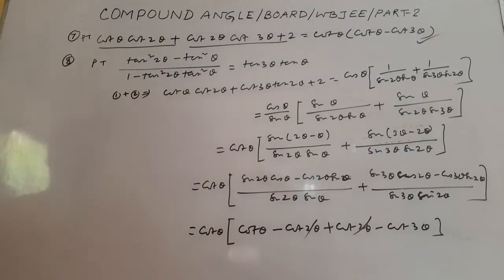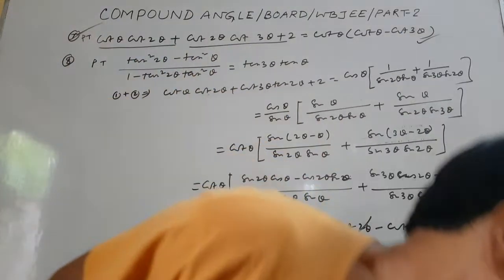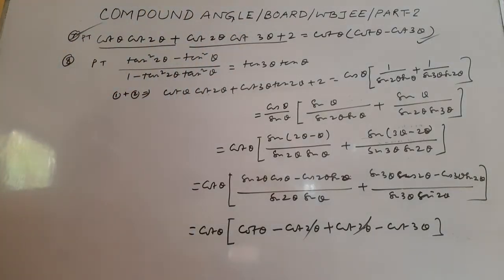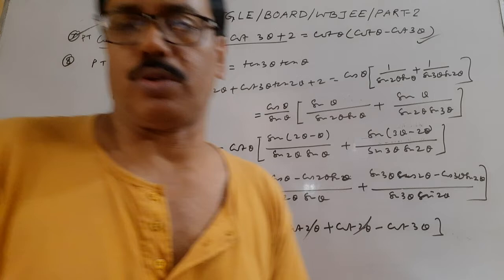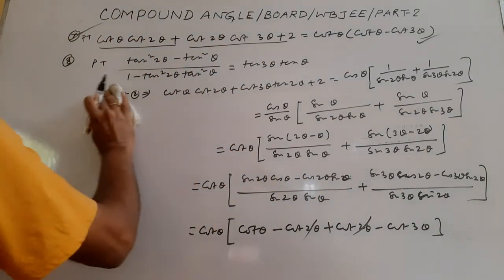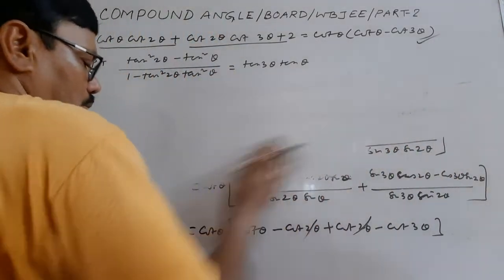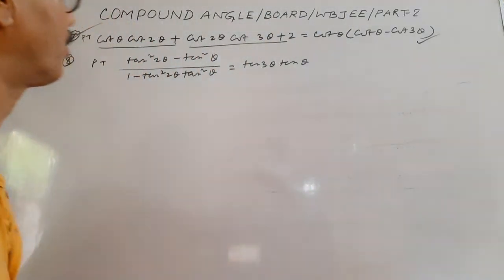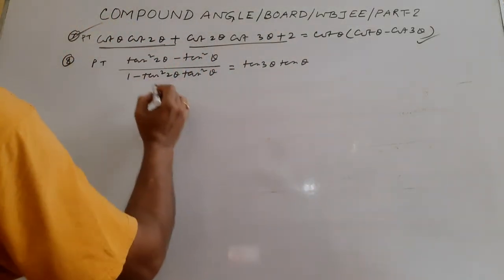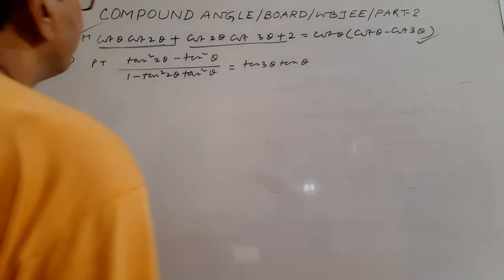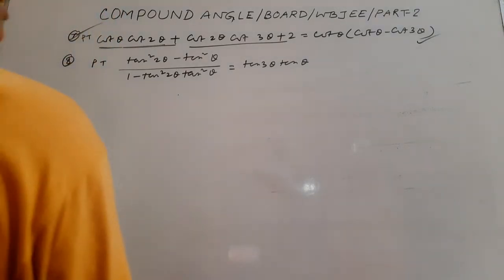So this is a special type of problem. You can also solve this problem in an alternative way. Listen again. Here we have cos theta, cos 2 theta, and cos 2 theta, cos 3 theta.